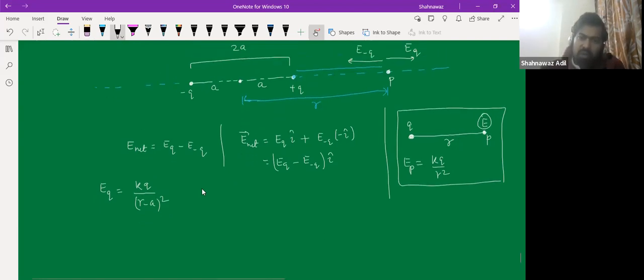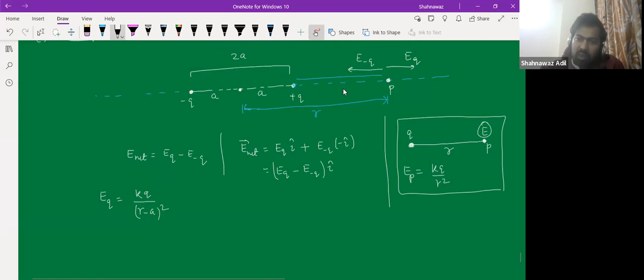Okay, so this is one thing. And then what would be E minus Q? Again KQ, because we have already incorporated the direction in the negative sign.